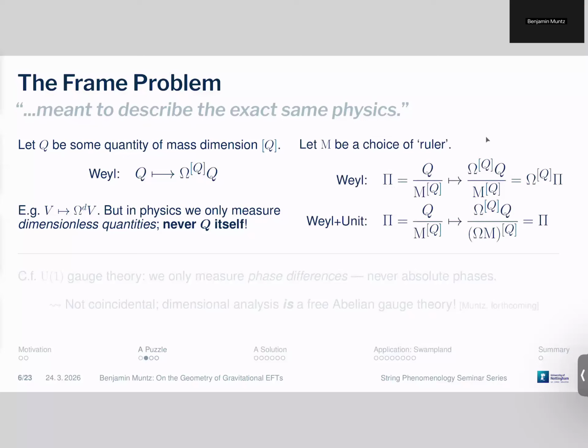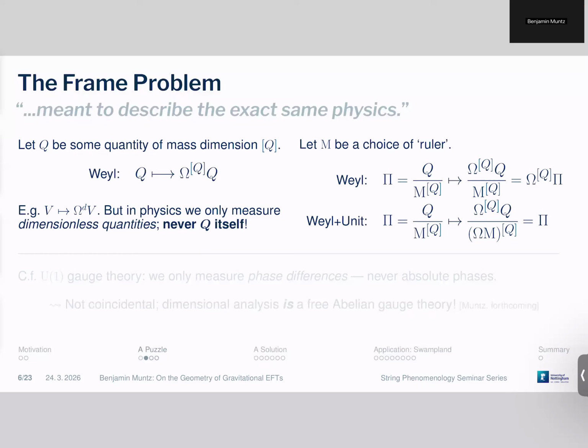And if I perform a Weyl transformation, then the Q's will rescale, and it will look like the dimensionless quantity also rescales. But here's the catch. This is purely due to the fact that we have insisted on using the same ruler before and after performing a Weyl transformation.